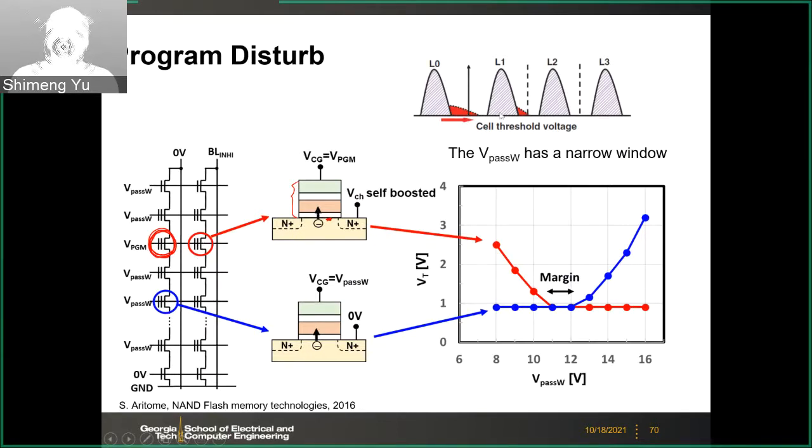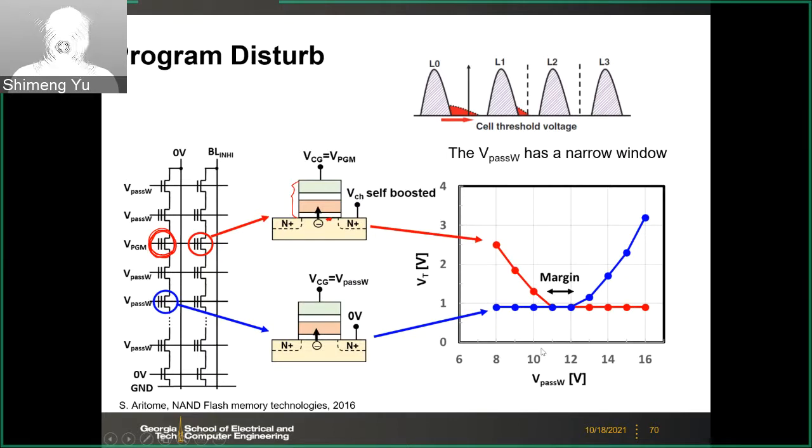Here we see the distribution of the VT of a multi-level cell. You see that the tail of the distribution tends to increase because you may have more electrons injected into the floating gate due to the disturb voltage across the gate stack.